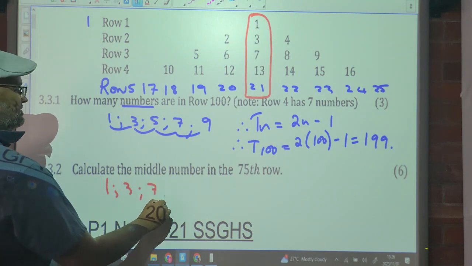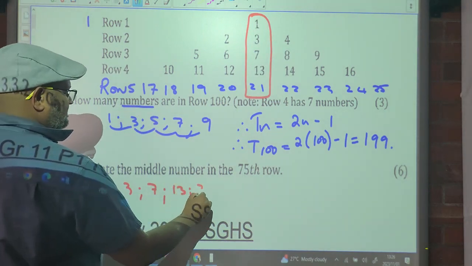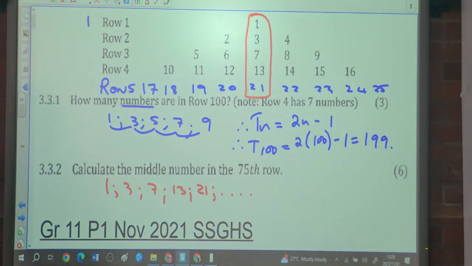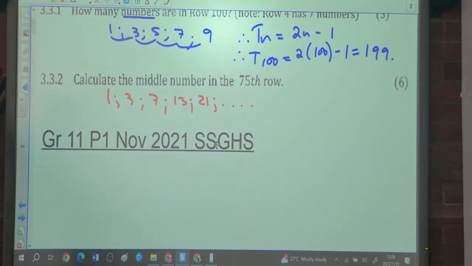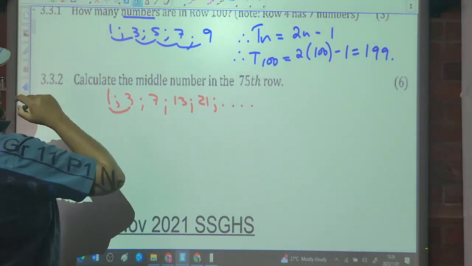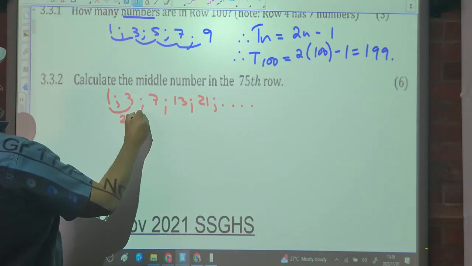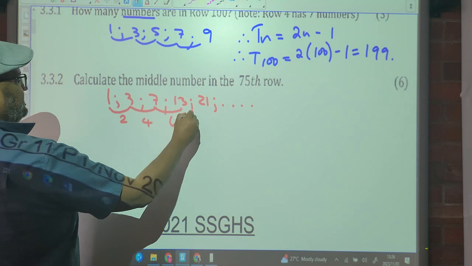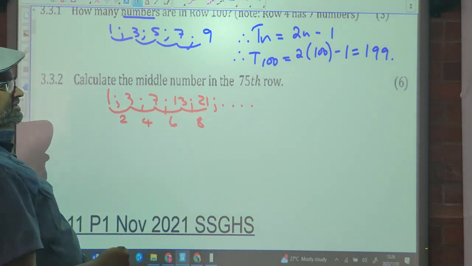Then 7, then 13, then 21, and so on. Okay, you all agree with that? So how do you move from one term to the next? Add 2, then 4, then 6, then 8, and so on.